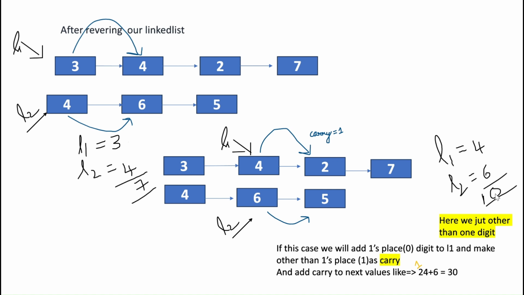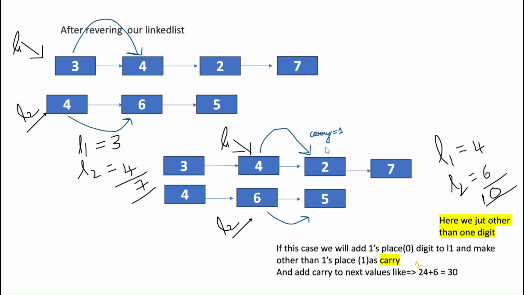But you have to keep in mind that we got two digits here, other than a single digit. So we only keep the units place in our list. In place of 4, we are going to update it as 0. And carry is going to become the part other than the units place, that is 1 here. So carry became 1, and our operation is completed.